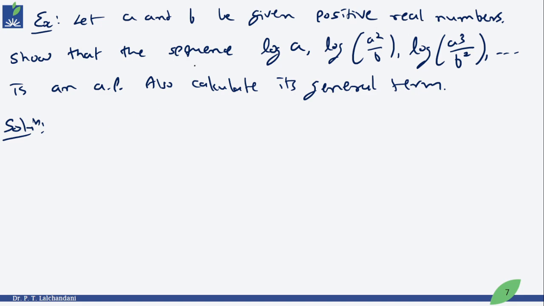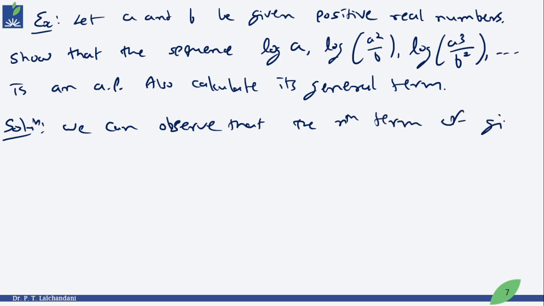Okay. So we can observe that the nth term of the given sequence is what it should be. The log is common. In the first term power of a is 1 and power of b is 0. In the second term power of a is 2, power of b is 1.